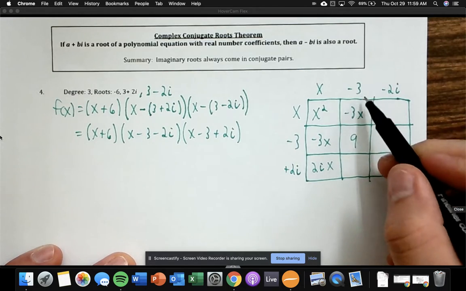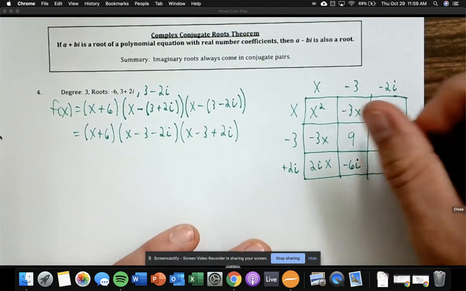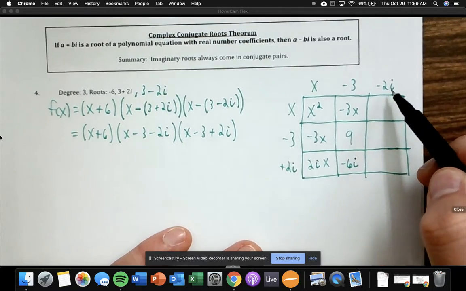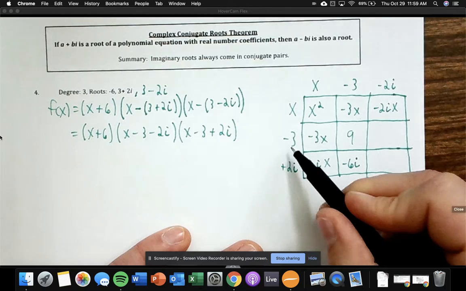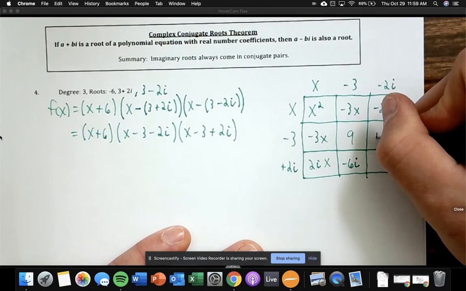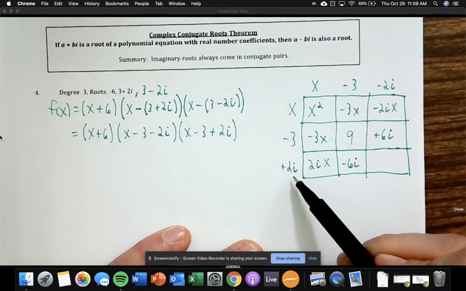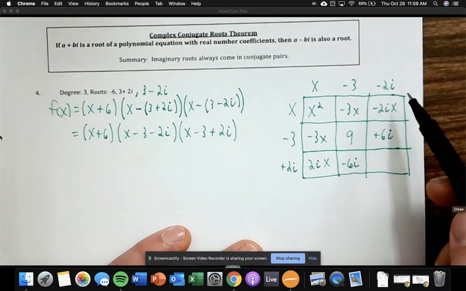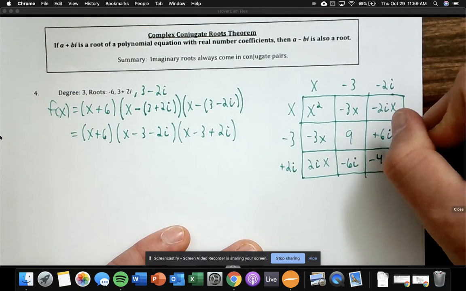Positive 2 times i times negative 3 is negative 6i. x times negative 2i is negative 2ix. Negative 3 times negative 2i is positive 6i. And then positive 2i times negative 2i is going to give us negative 4i squared.